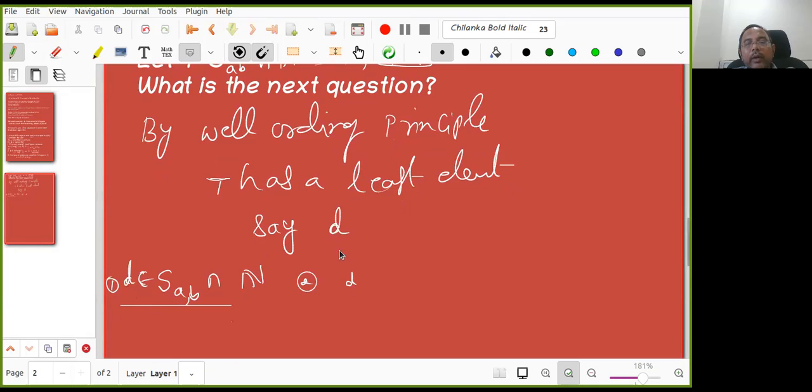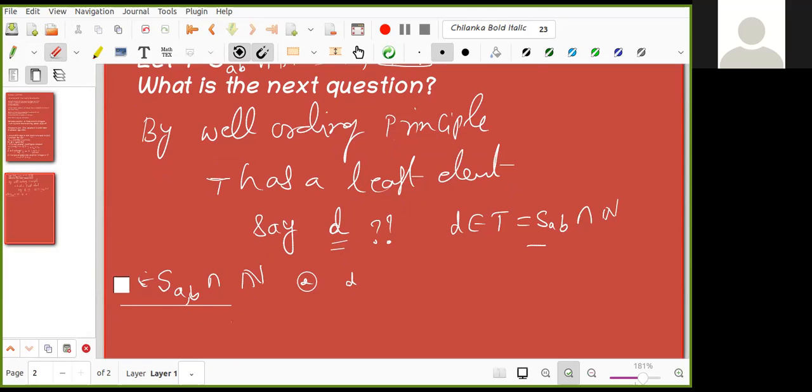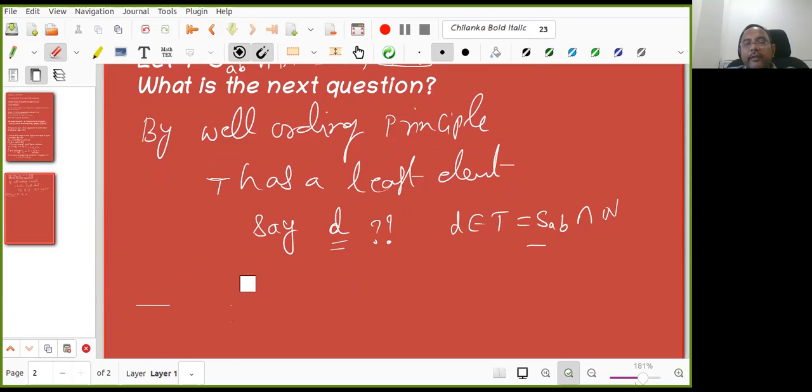So what can we say about D? Again, I'm asking to revise once. You told that D is in the intersection. T has a least element D, and D belongs to T, which is equal to S_AB intersection natural numbers. Fine, this is good. What next? D is positive, because it is in the intersection.